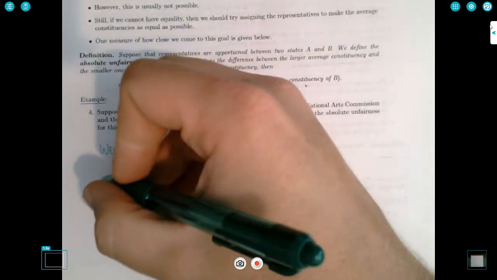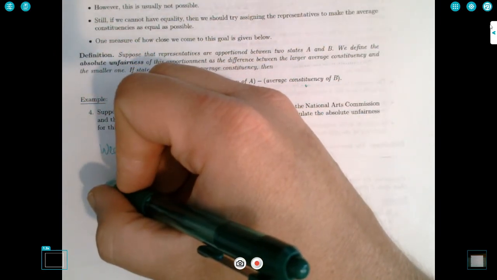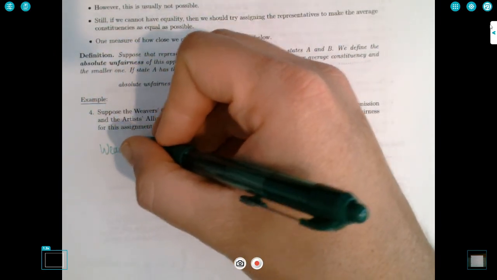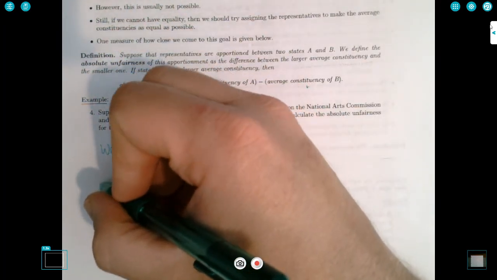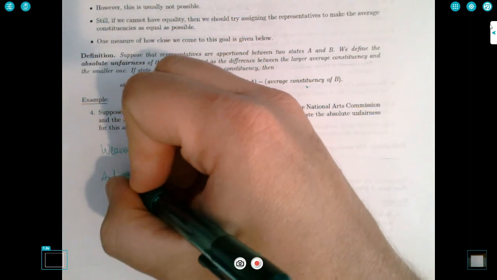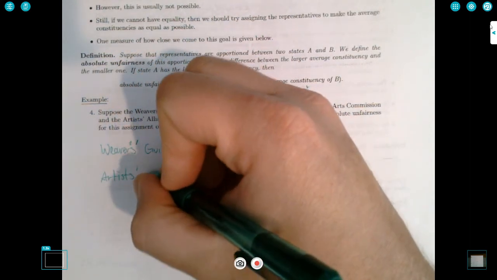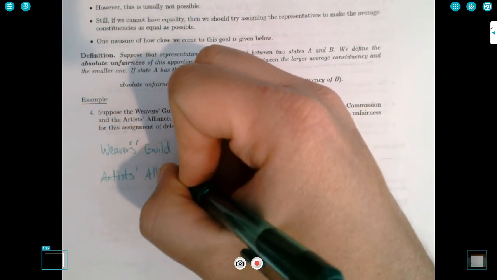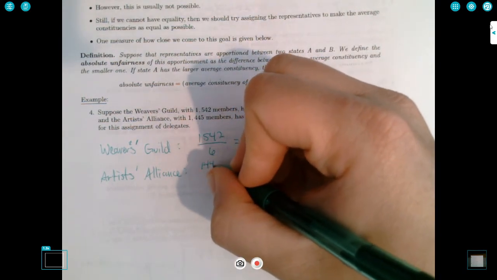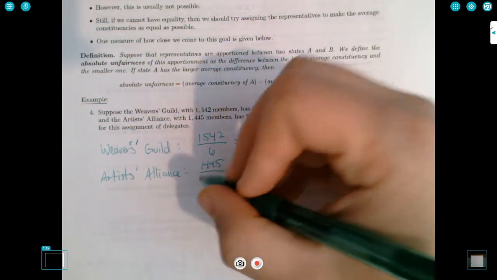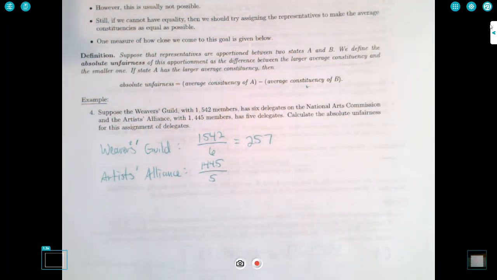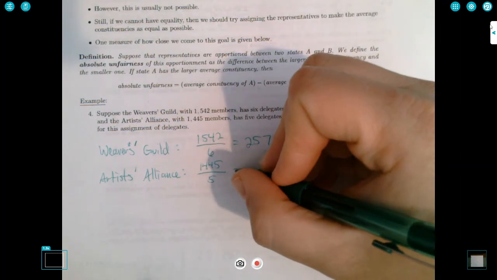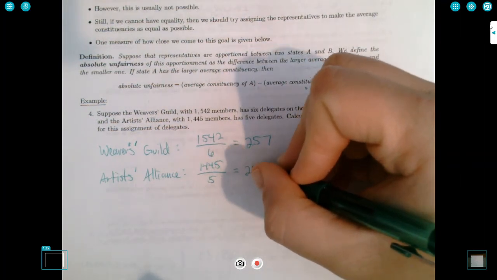Okay, the Artists Alliance, I put the apostrophe in the wrong place, it's the Weavers. Anyway, same way with the artists, right? So their alliance would have 1,445 members and 5 delegates. So that's an average constituency of 289.